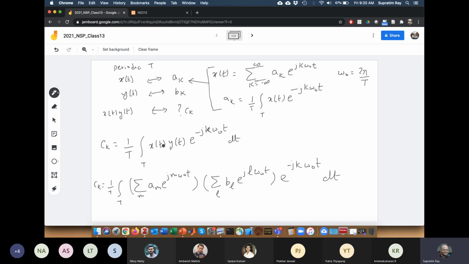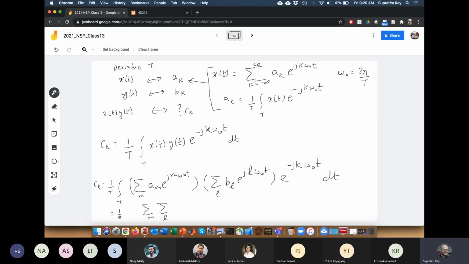All I have done is just put the values of x(t) and y(t) in terms of a_k's and b_k's. That's it. But now I see that these are just products of two sums, so I can look at this as a double summation.